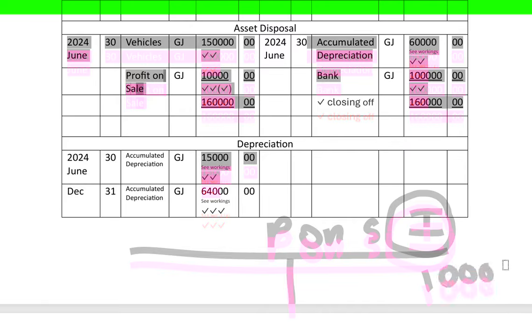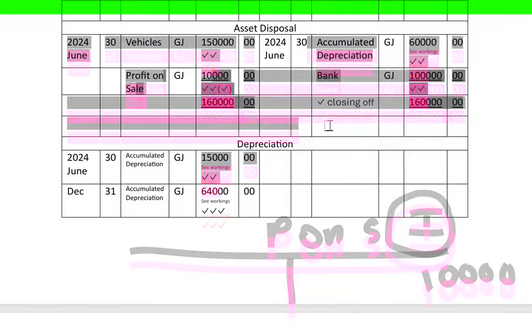They didn't ask for this account, but I'm just explaining to you what account would get credited. So the 10,000 would have been closed off to profit on sale, 10,000.